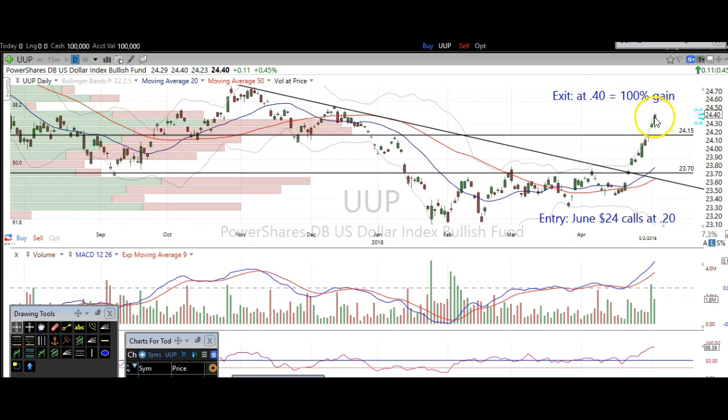We actually just exited here at 40 cents. We alerted this sell today at 40 cents for a 100% gain on those calls. So really, really nice trade here.